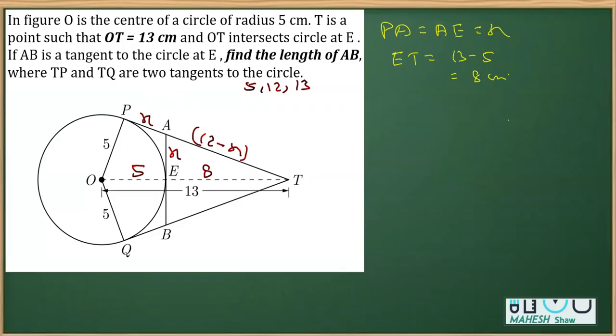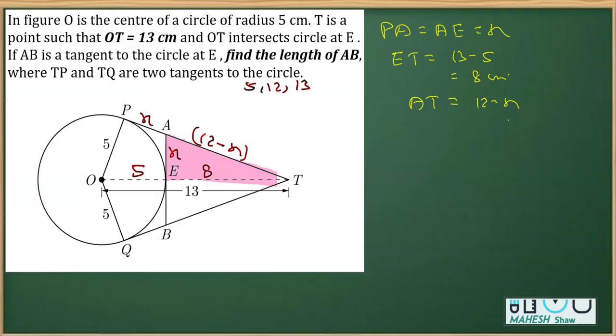Further, the length of AT I got as 12 minus X. These lengths we got. Now we will consider this triangle. We are focused on finding the length of X, because if we get the length of AE, we can get the length of AB.